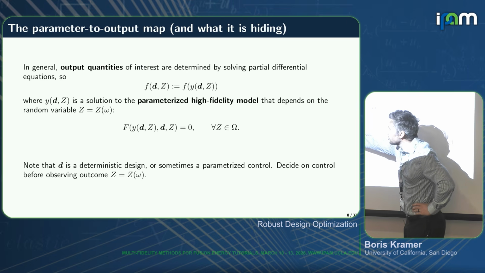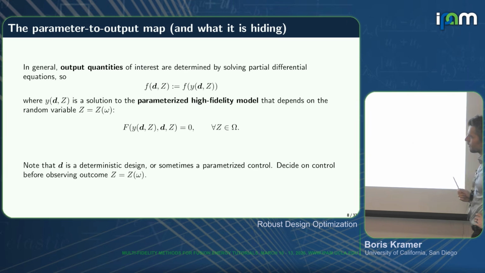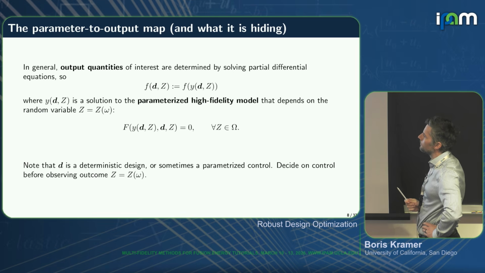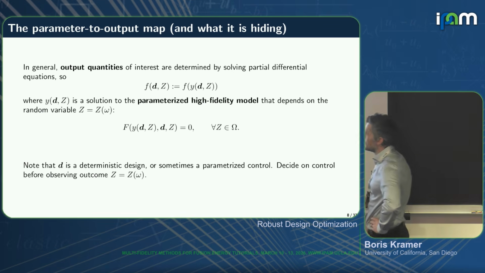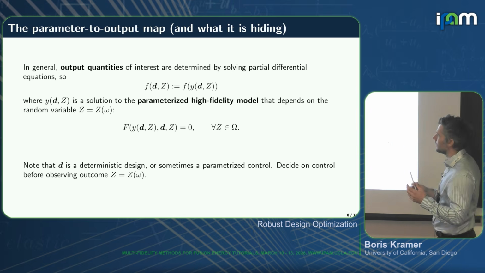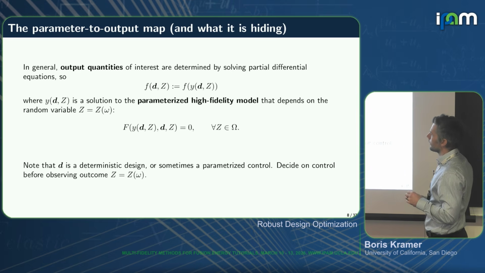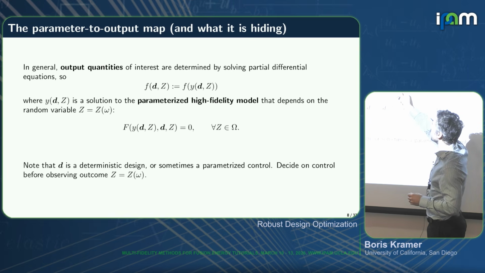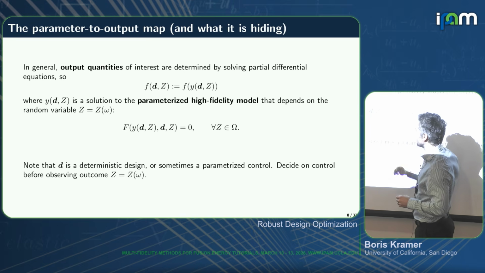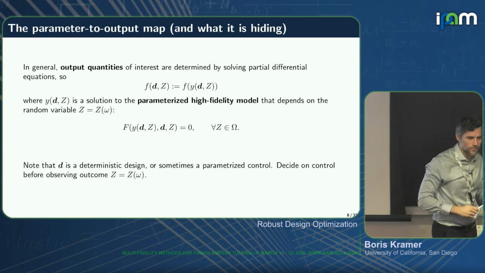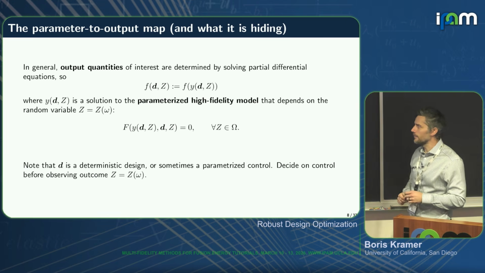I usually have to solve differential equations or other types of equations in order to get a state of the system, the plasma state or other things, and then ultimately I measure my quantity of interest of that state. So when I write this, I don't mean that I have very simple models, it just makes my notation a little bit easier.